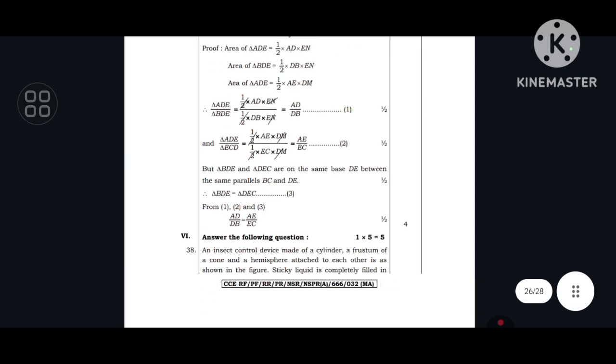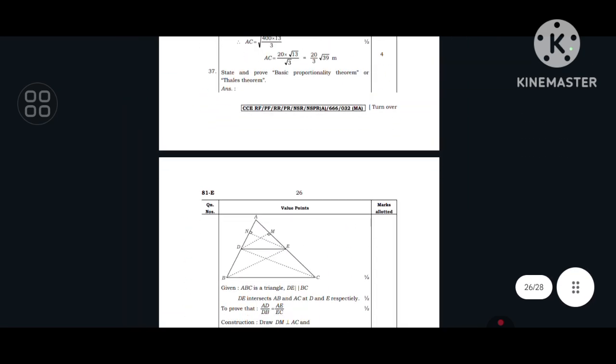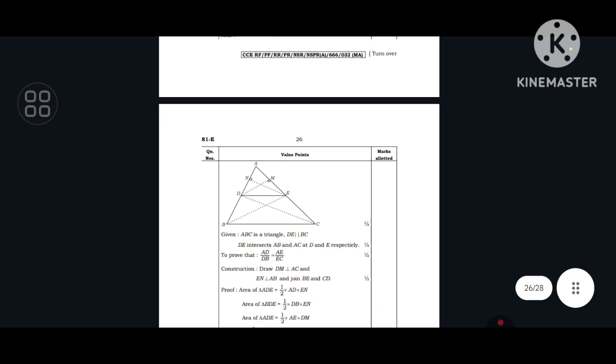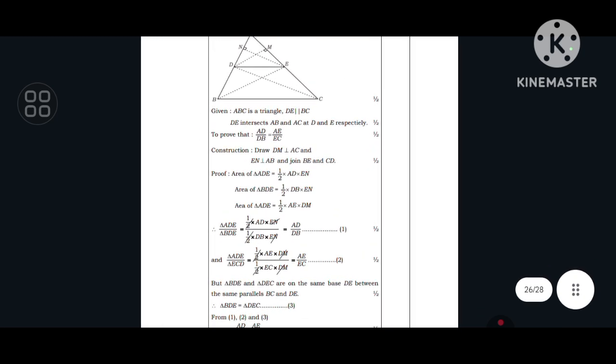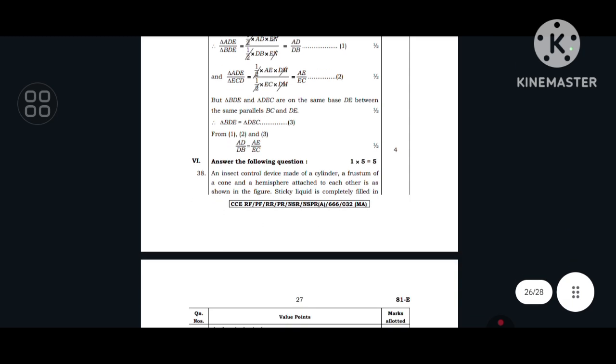For theorems, do all your solving from my videos or the textbook. That is the best way. Don't refer to class notes or anything the teacher told you. Please refer to the textbook, and as it is, you have to write it in the question paper, then you will get good marks.